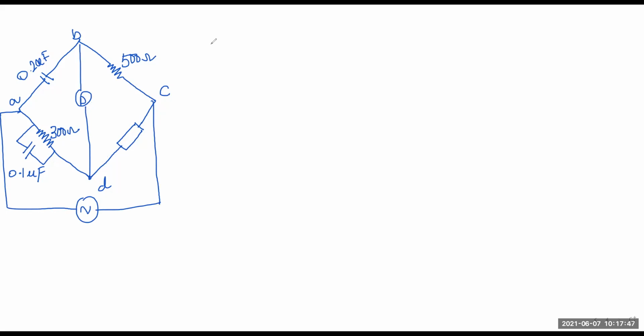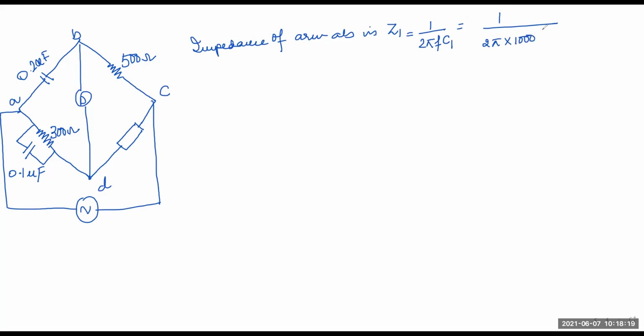Now my first step will be to find out the impedance of the arm AB. When I find the impedance of arm AB, Z1 is equal to 1 by 2 pi f C1, right? So put in the formula and the values. 2 pi, f is 1000, I have given you in the problem.